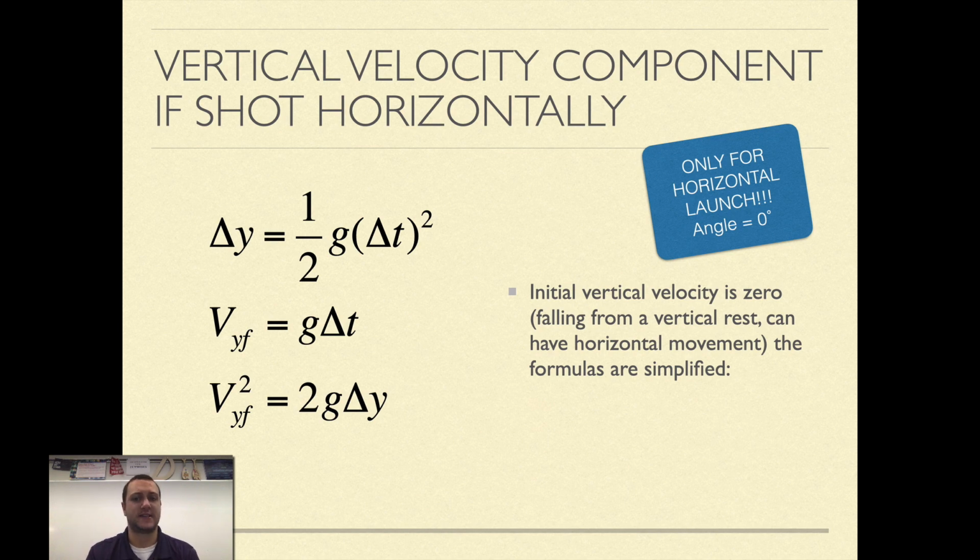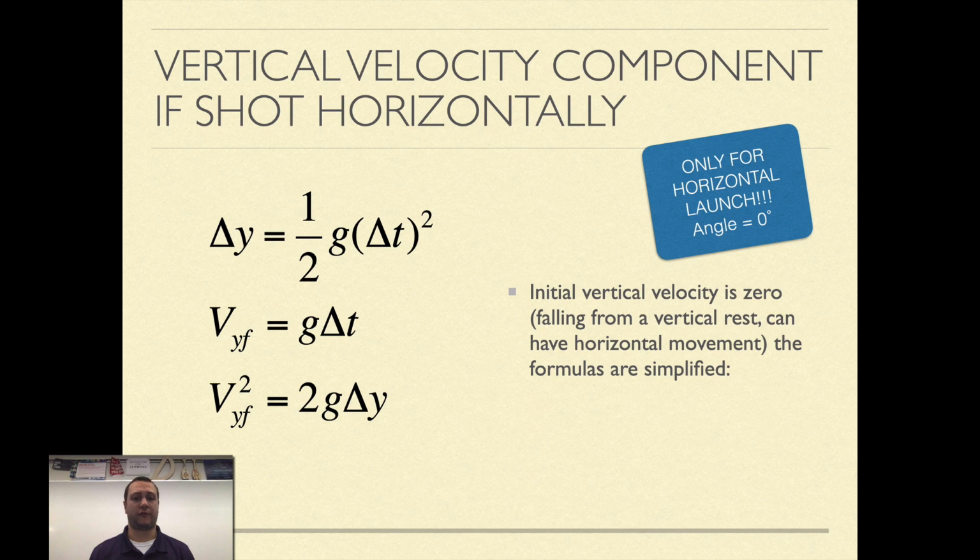When we're shooting at 0 degrees, which would be horizontal, there is no initial vertical velocity because we consider a 0 degree launch to not have a vertical component at the start. So each one of these three formulas does not have VYI because the initial vertical velocity is 0. So that term goes away, and anything that it's being multiplied or divided by as well cancels out.